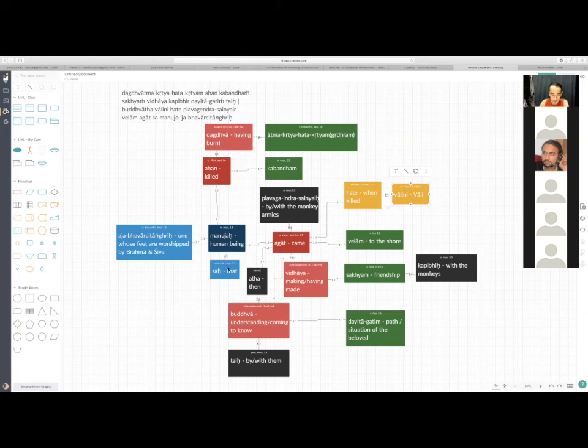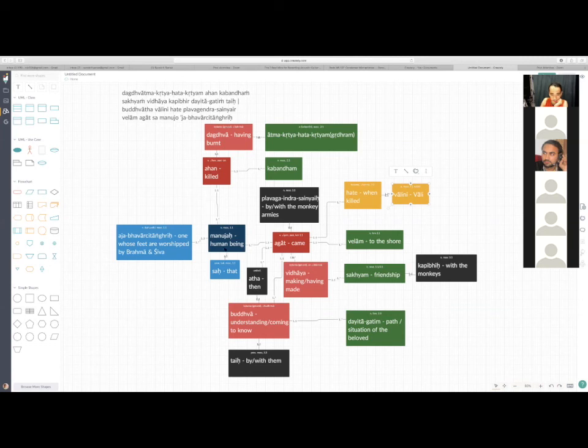So Manuja, that you can say human-like Rama, whose feet are worshipped by Brahma and Shiva, having burnt Jatayu, the vulture, who was killed, on his personal mission, atmakritya. He killed Kabandha.